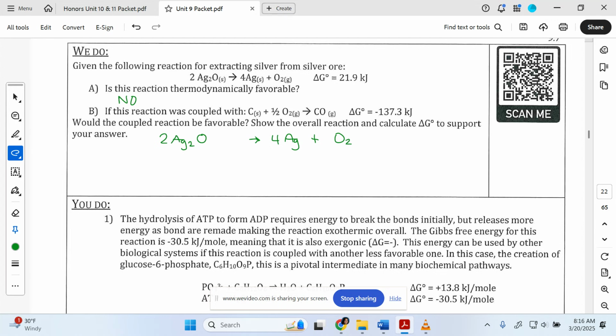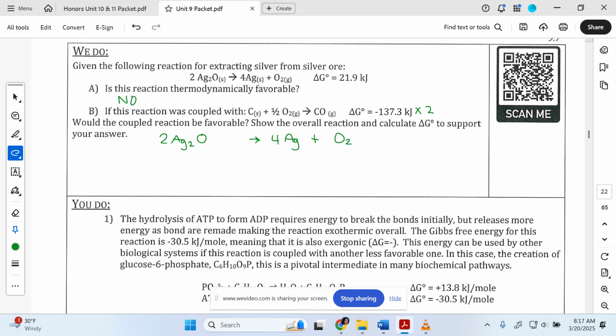Here, I need to get this up to a full O so that these guys can cancel out, because this is on one side and this is on the other. So what do I do to get this up to a full O from a half O? Yep, I have to double everything. But that also means that I've got to double this.